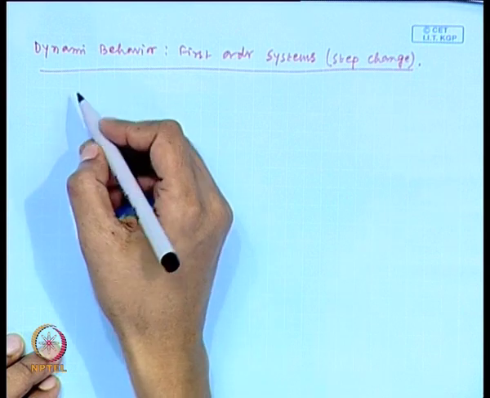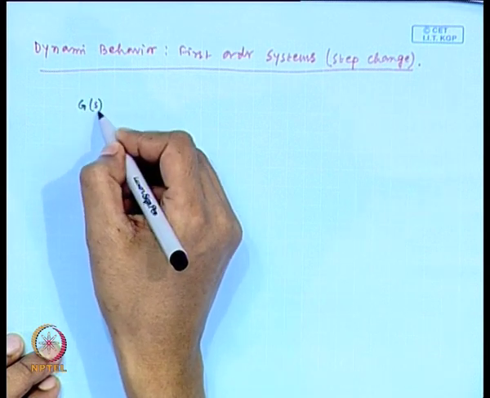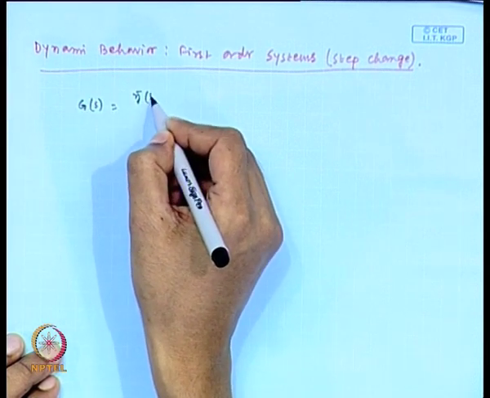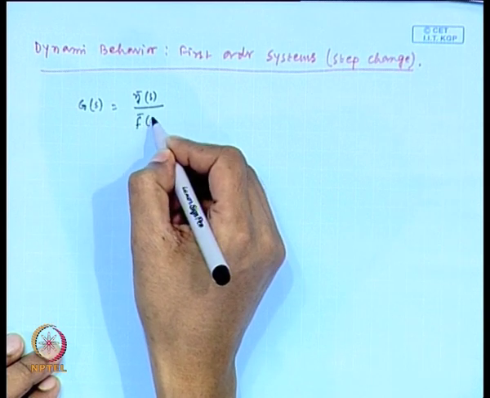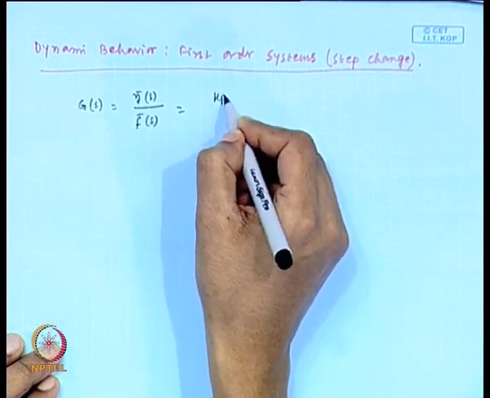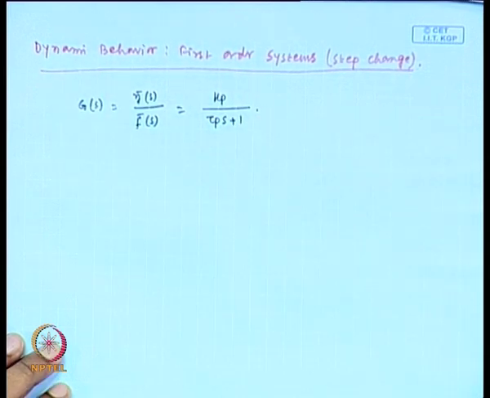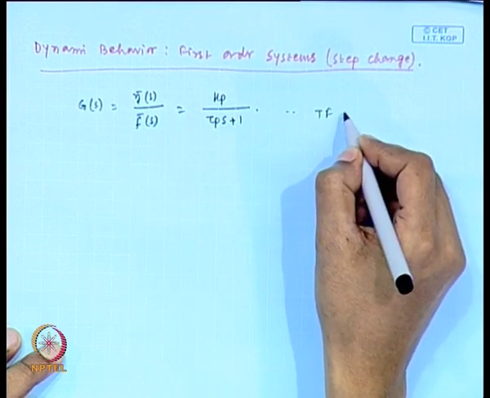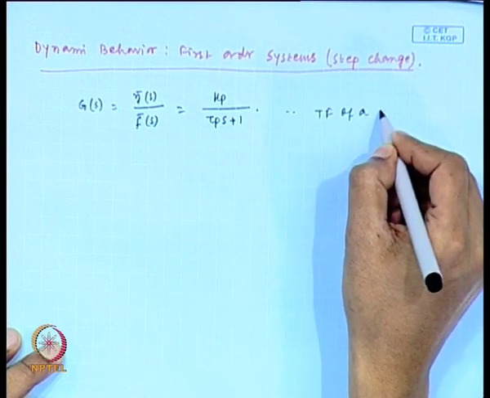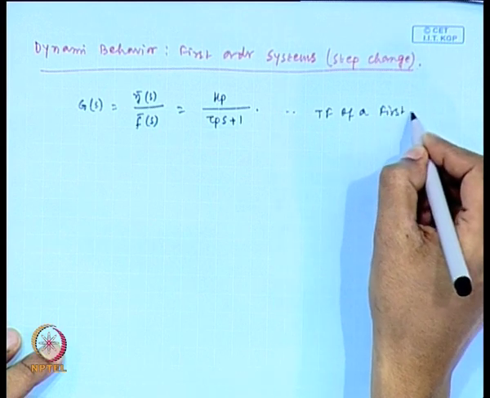So, the transfer function of a first order system is K_p divided by tau_p s plus 1. This is the transfer function of a first order system.